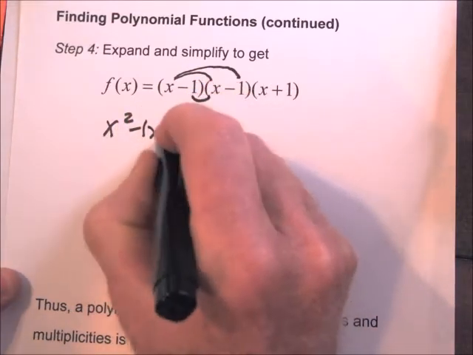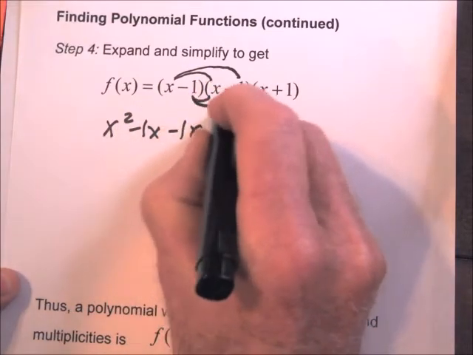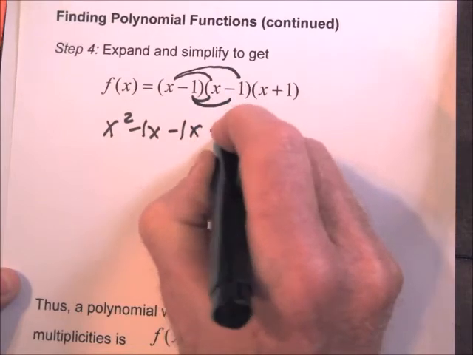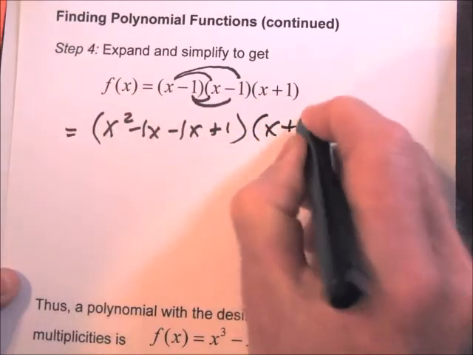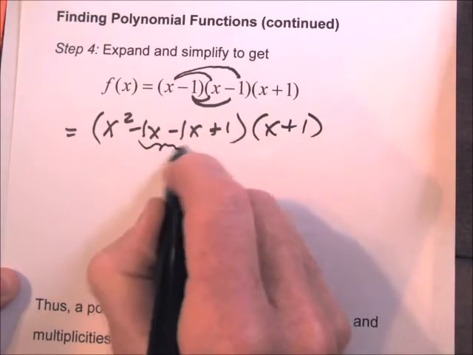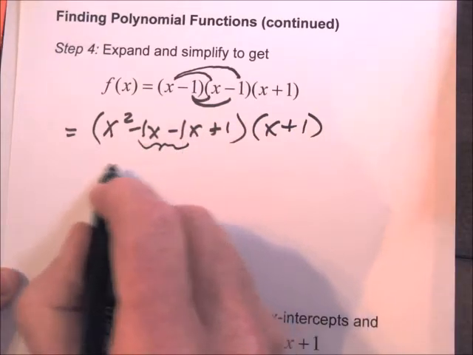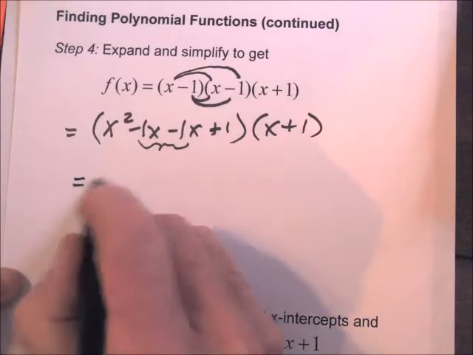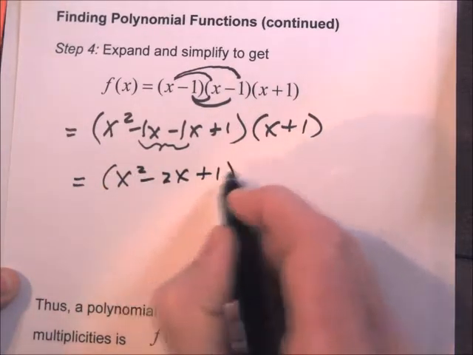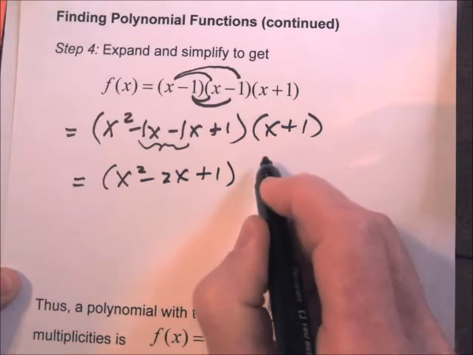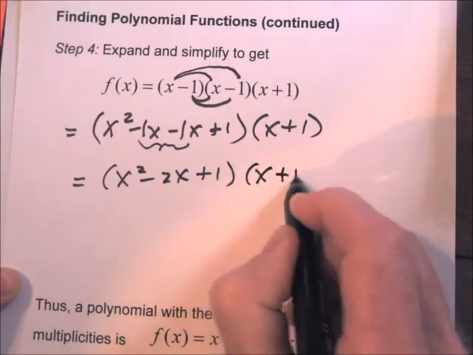Inner product is negative 1x. Last times last, negative 1 times negative 1 is plus 1. And we can combine the two x terms. Negative 1x plus negative 1x is negative 2x. So we have the quantity x squared minus 2x plus 1 times the quantity x plus 1.